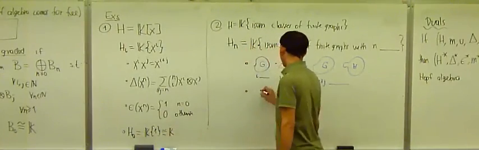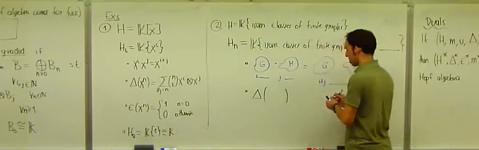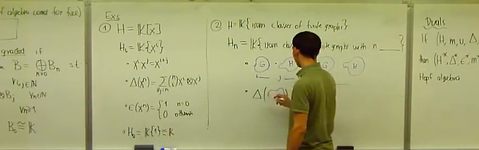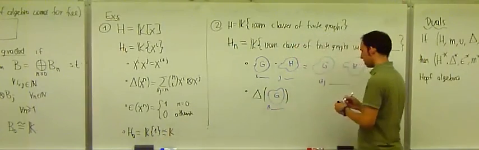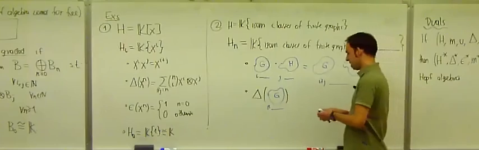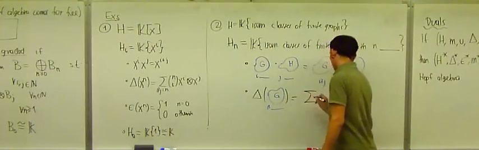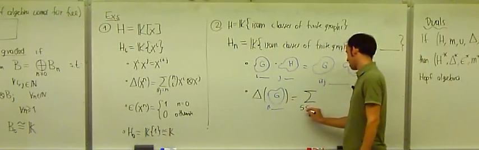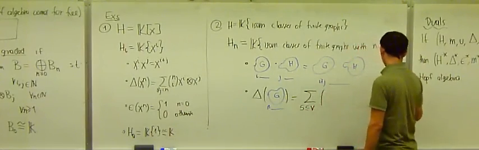Okay. Now let's apply the coproduct to a particular graph. So here's my graph. Let's say that it has n fill in the blanks. Remember, this is the sum over subsets of the vertices of something tensor something.